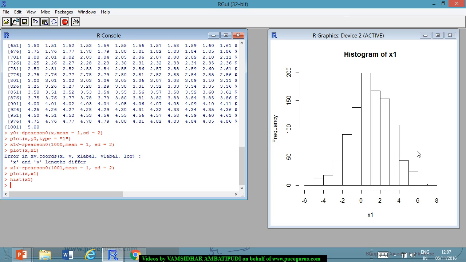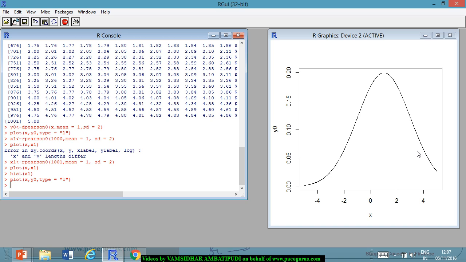I could very well plot the x and y plot like this, and I'll even add on top of it, let's say, x comma x1. No, it's not x and x1. I should not add x and x1 out here, but the histogram.